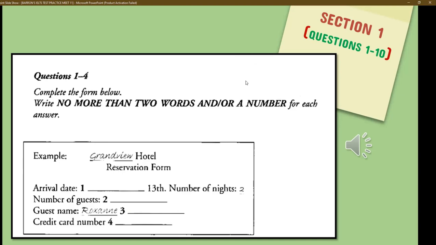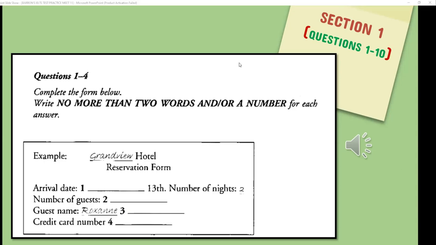Section 1. You will hear a woman making a hotel reservation over the phone. First, you have some time to look at questions 1 to 4 on page 83.